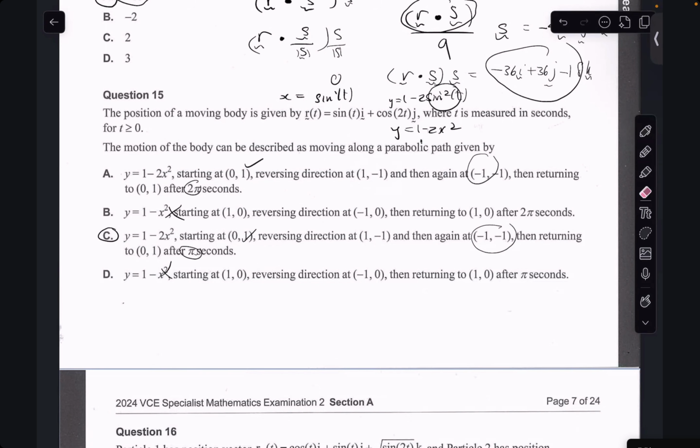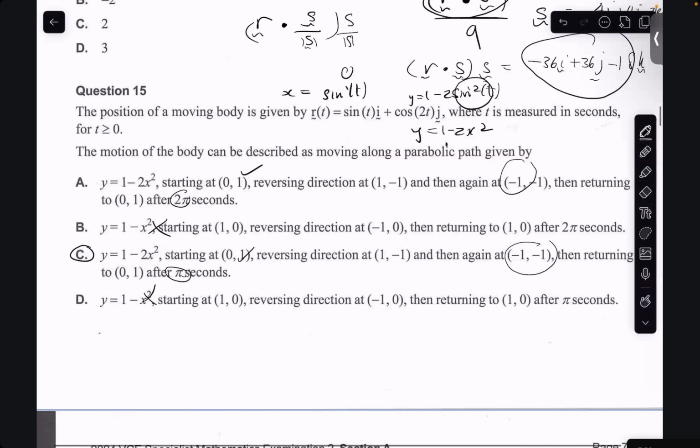So that's when the velocity is 0. So cos t is equal to 0, and 2 cos 2t. Wait.